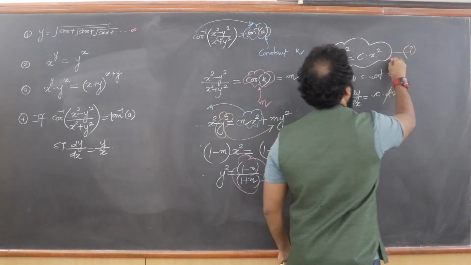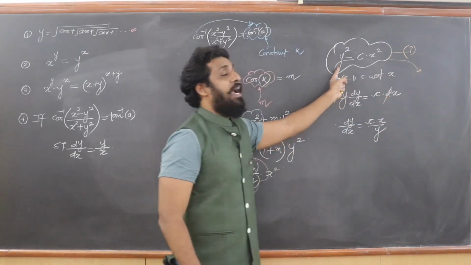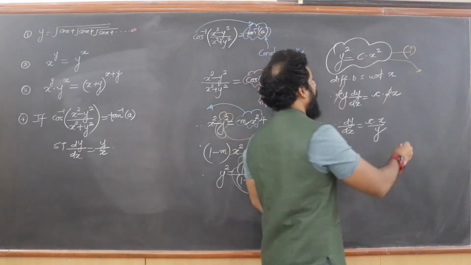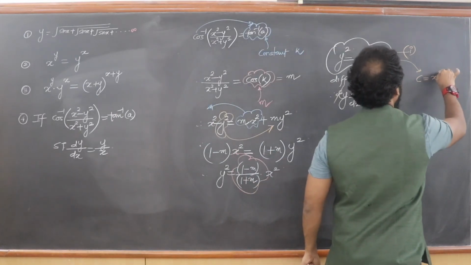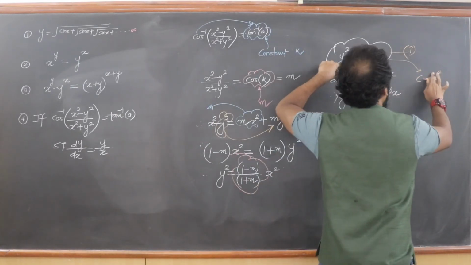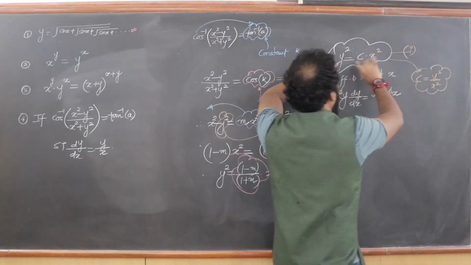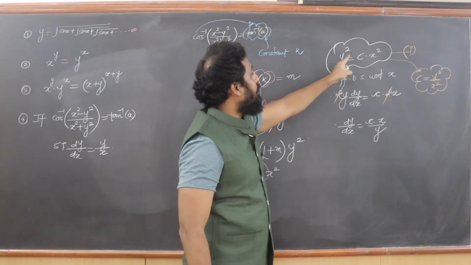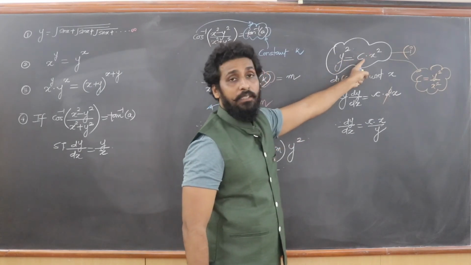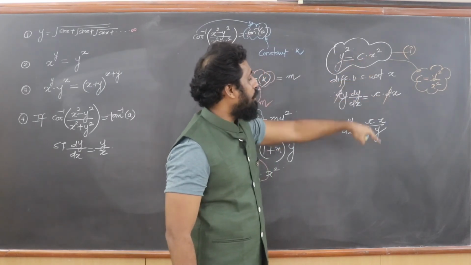Let's see the rearrangement. So we have y square is equal to c into x square. So I write c is equal to y square upon x square from equation 1, isn't it? X square is divided over here, so c comes y square upon x square.